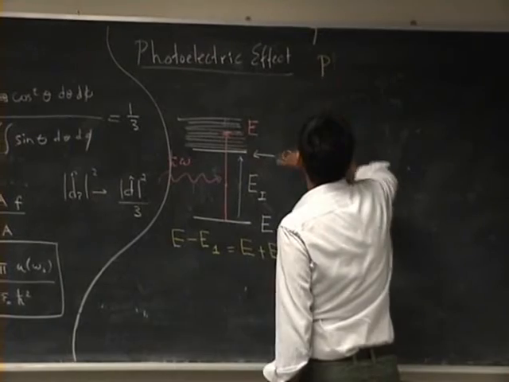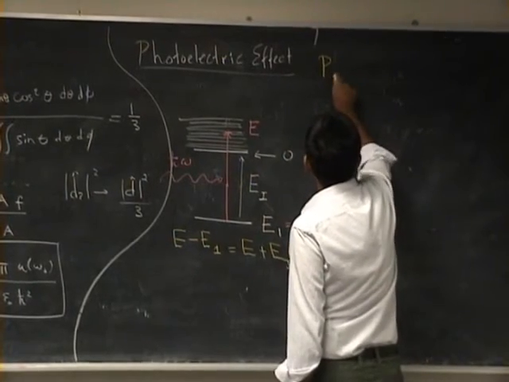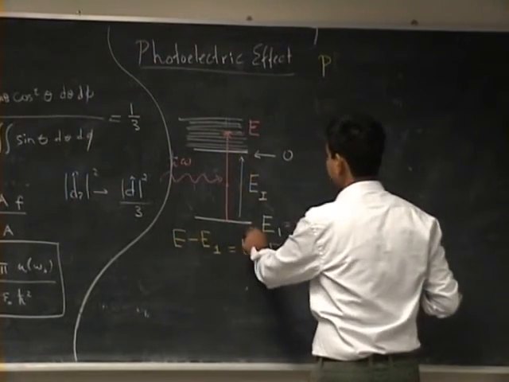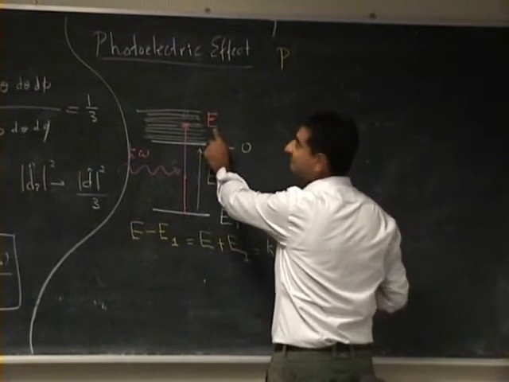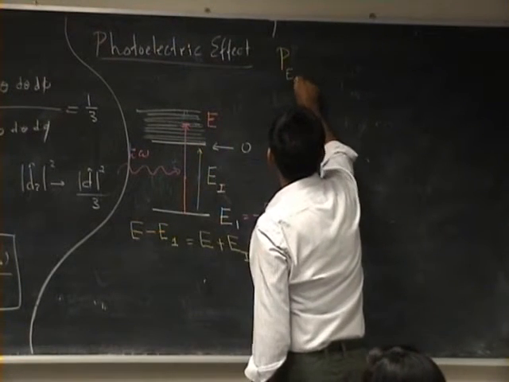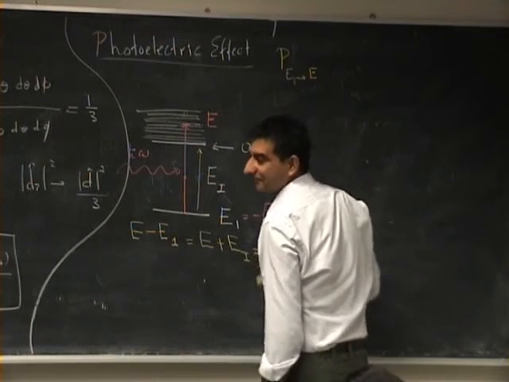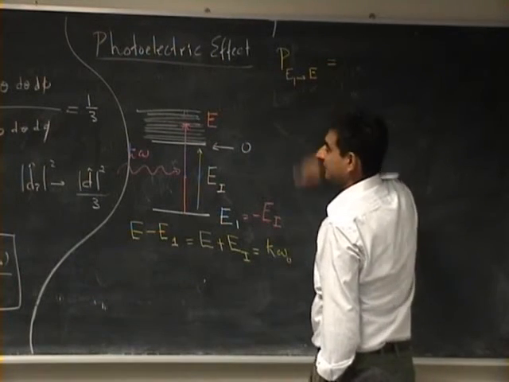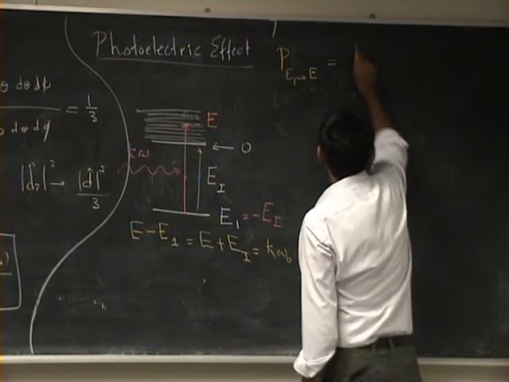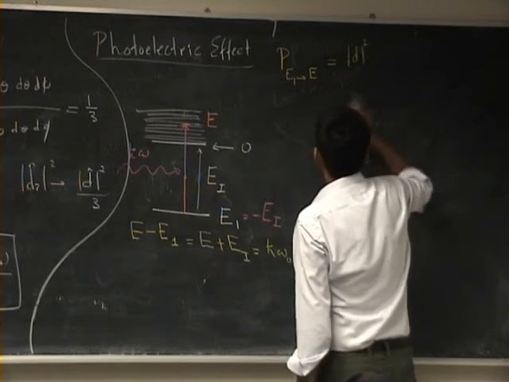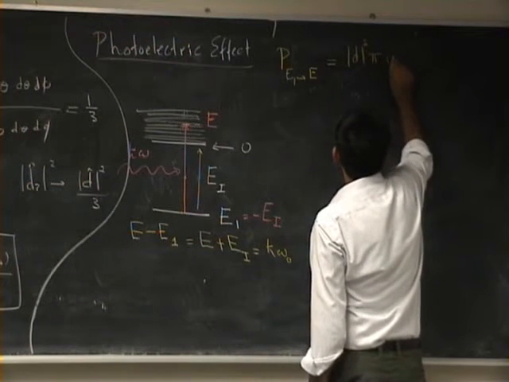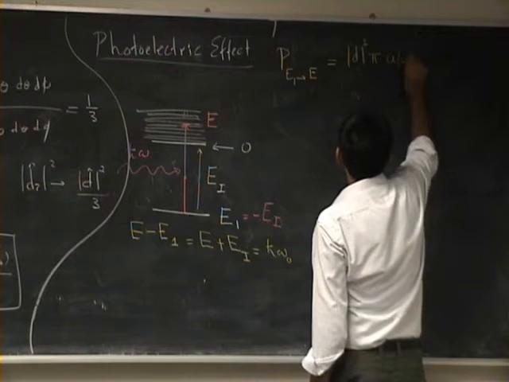This probability of going from E1 to capital E is d squared by u of omega naught, right?